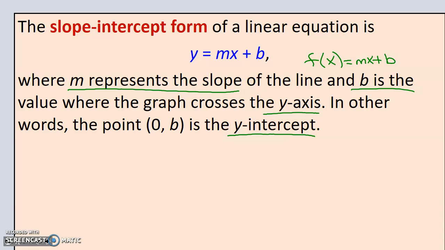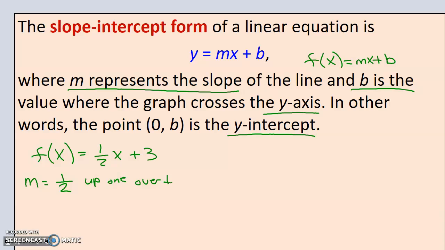So let's try an example. Let's try f of x is equal to 1/2 x plus 3. So to start off with, I would write off to the side, your slope is going to be 1/2, meaning up 1, over 2. And your b is going to be your y-intercept, or in other words, (0, 3).